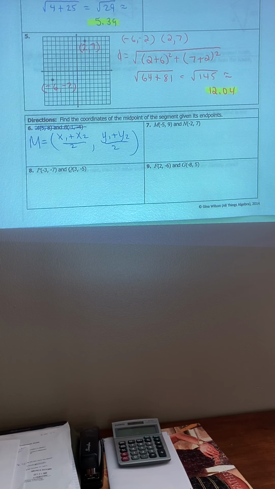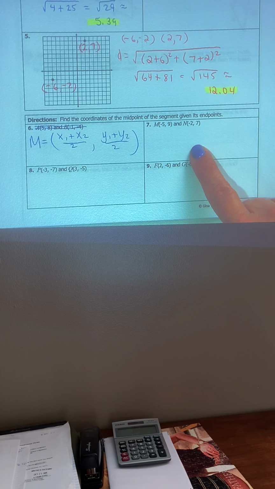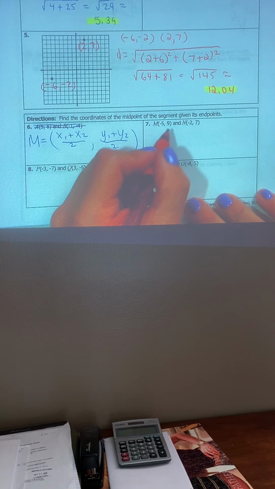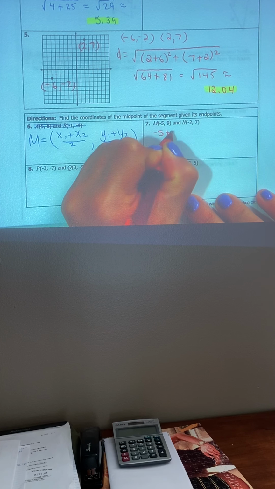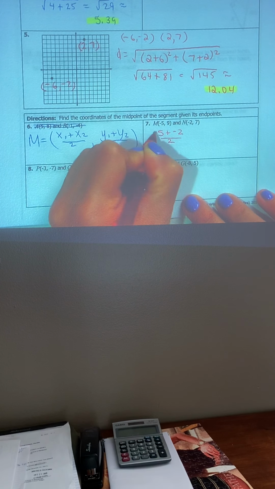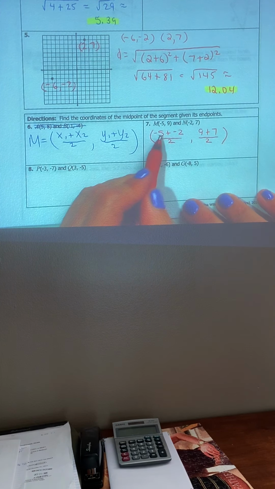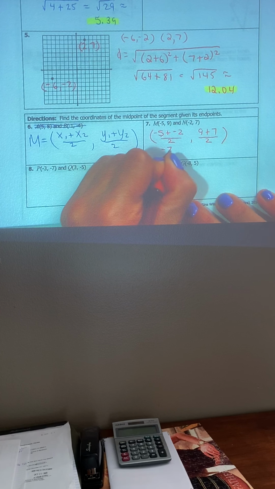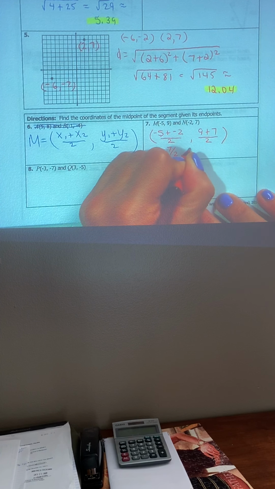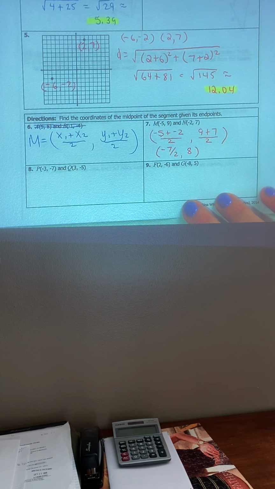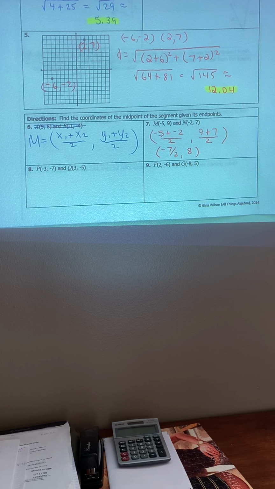Let's do this problem. x1 plus x2 over 2, y1 plus y2 over 2. The only difference here: negative 5 and negative 2 is negative 7 over 2. 16 over 2 is 8. You can leave it as negative 7 over 2, or you can put it as negative 3.5.